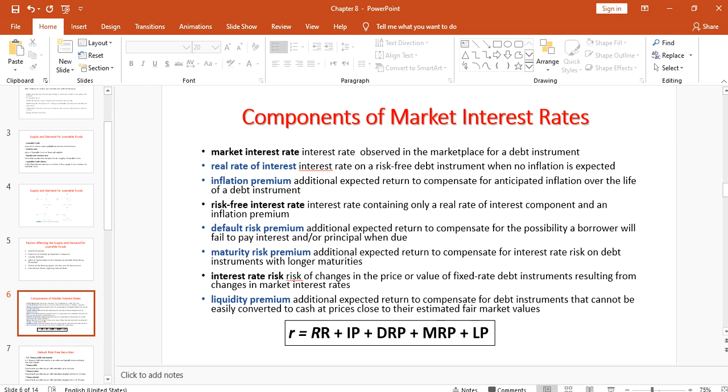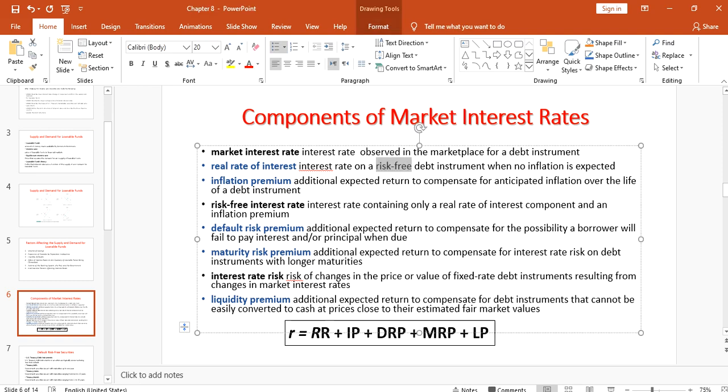If it's a reputable big company, United States government, actually no, it's not the United States government, because the government is borrowing at the risk-free rate.